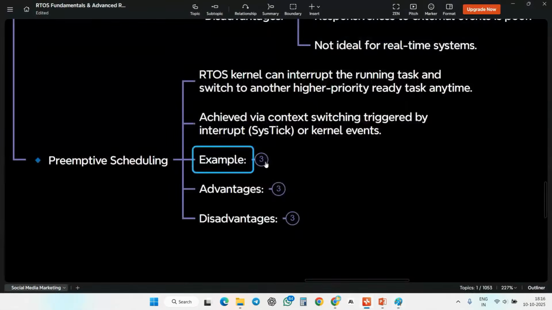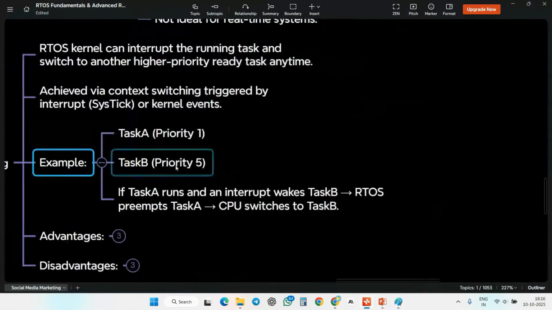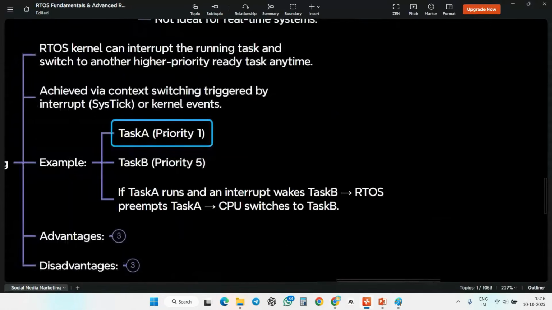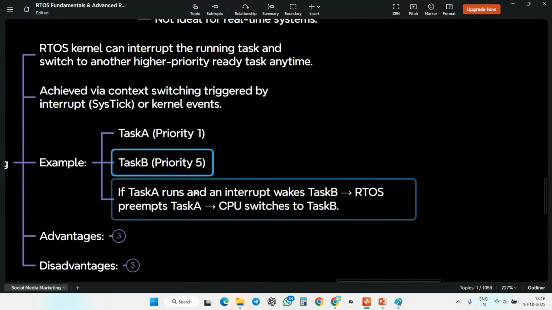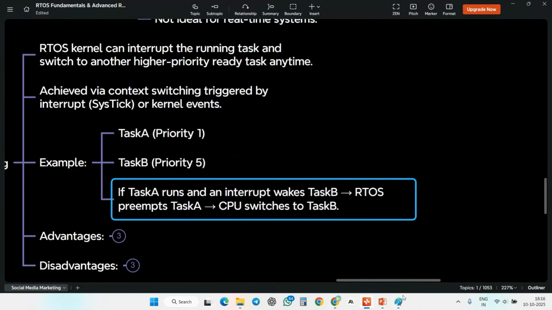Okay. And what are the examples? If you just see the example, currently task A has priority number 1 and task B has priority number 5. If task A runs and an interrupt wakes up task B, the RTOS preempts task A, and the CPU switches to task B. Same thing.